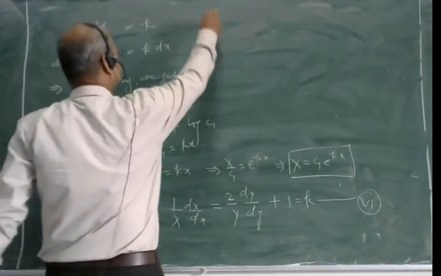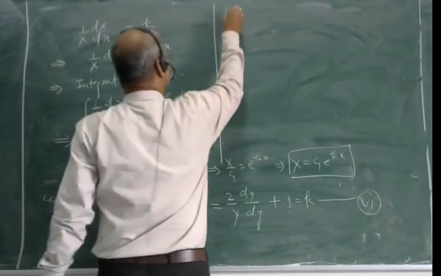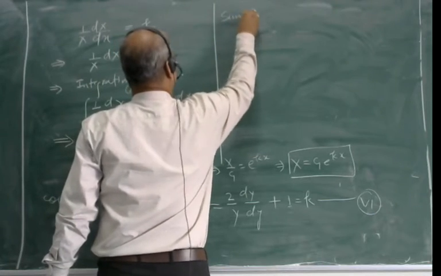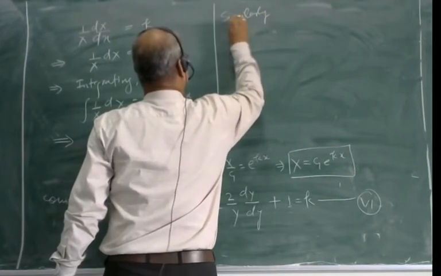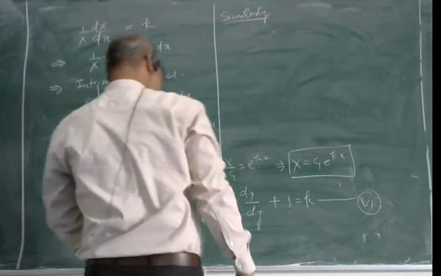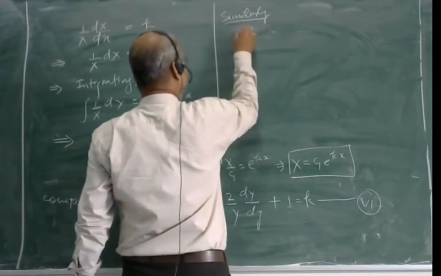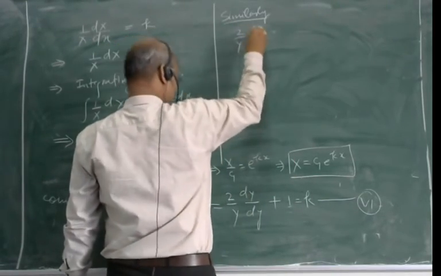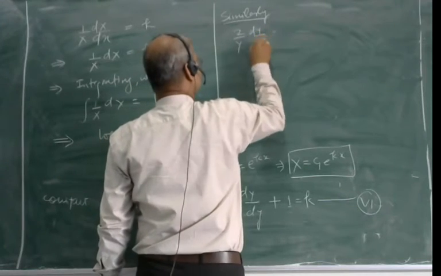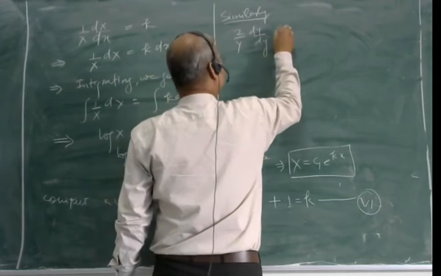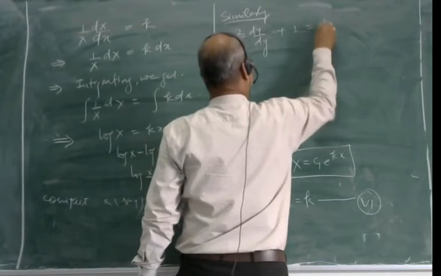This is the expression. Now, similarly, (2/Y)(dY/dy) plus 1 equals k.